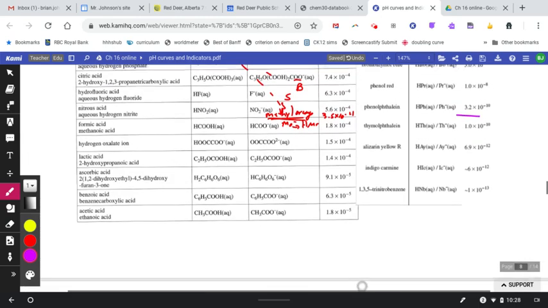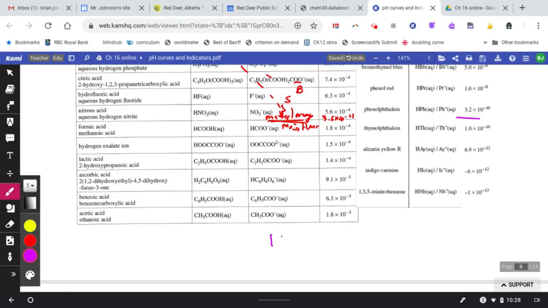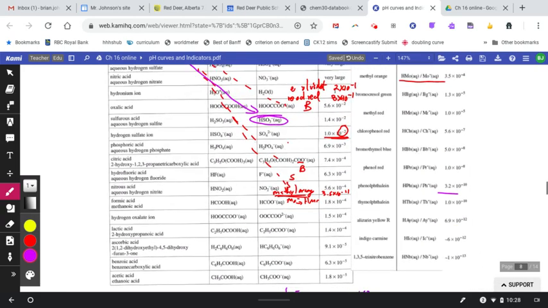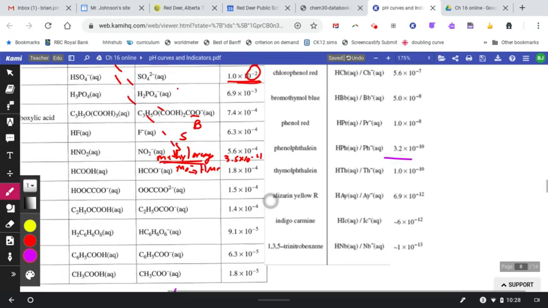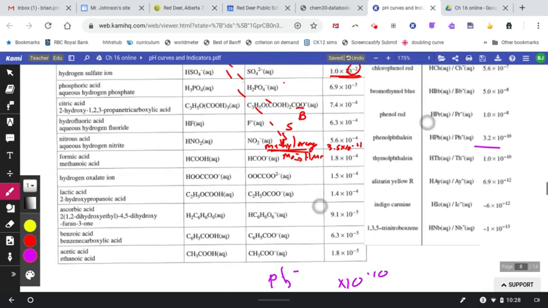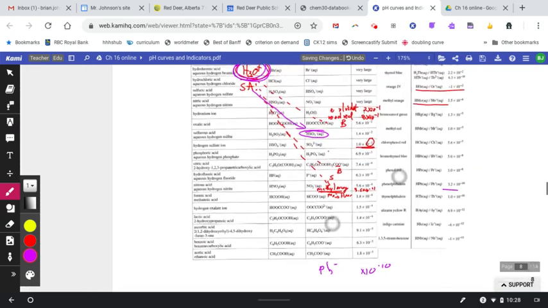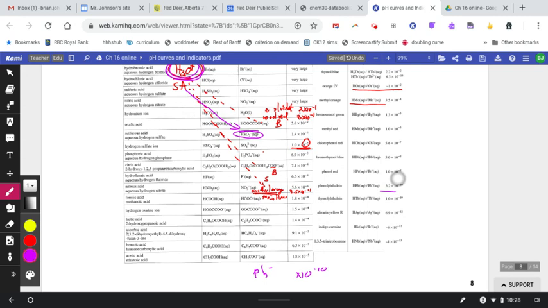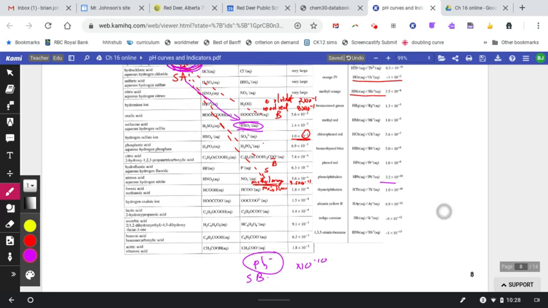So for simplicity's sake, let's put it down here. Ph minus, 10 to the -10. Okay, so who is this strong acid going to go after first? Here's our 2 players. Strong acid goes after the Ph minus first. It's a much stronger base, and then it will go after the HSO3 minus.